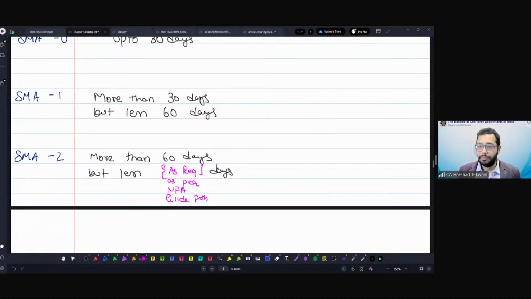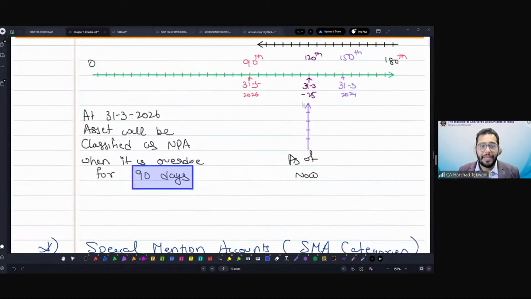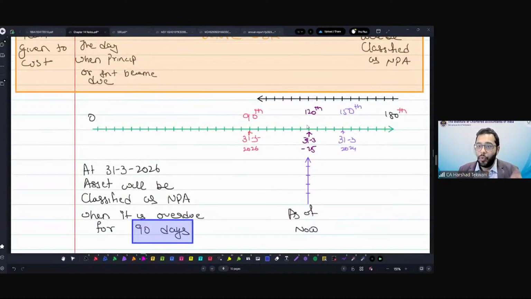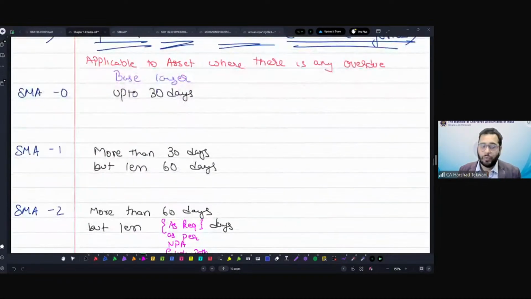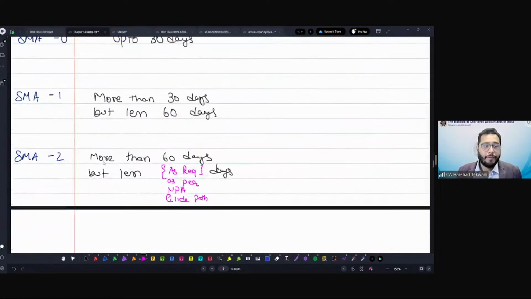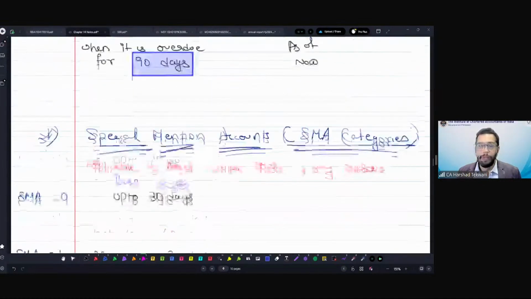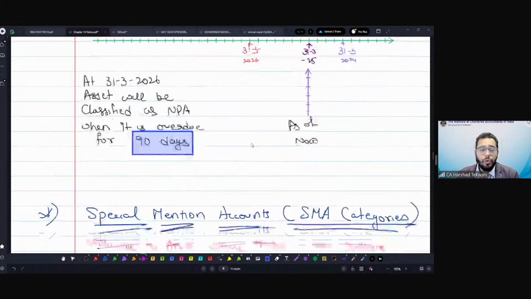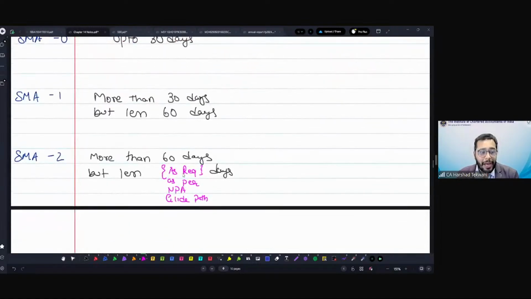Means now we will consider 60 to 120 as SMA 2. But when we reach 31st March 2026, we will say 60 to 90, because at that time NPA will start from the 90th day. So based on this glide path, I have to adjust this as required number.